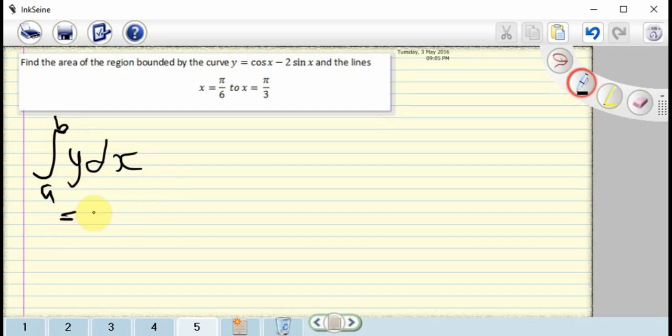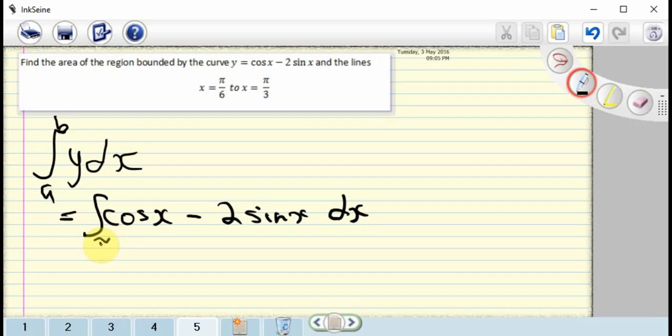So that's going to be the integral of cos x minus 2 sin x dx from pi by 6 to pi by 3.